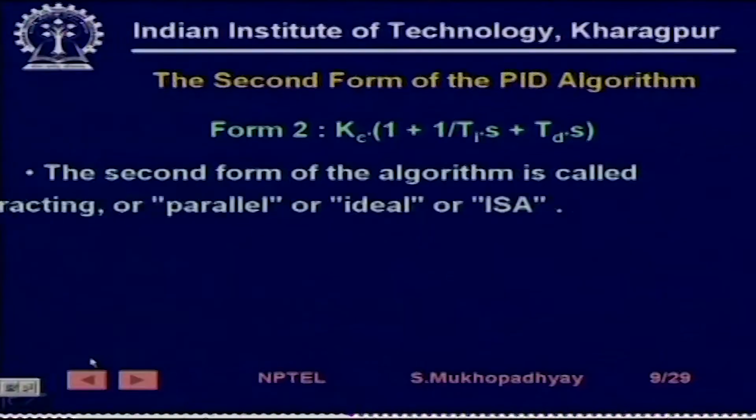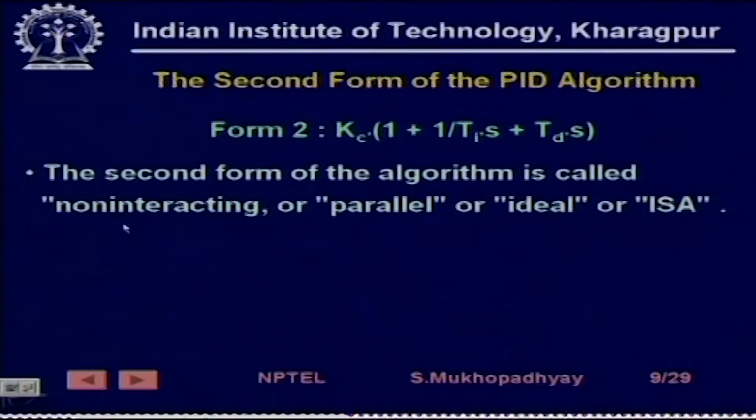So, if you look at the second form, this is the most common. It's called non-interacting, although it is actually partially non-interacting in the sense that you can change Ti without affecting Td and you can change Td without affecting Ti. However, if you change Kc, both Ti and Td are changed. So, to that extent it is partially non-interacting.